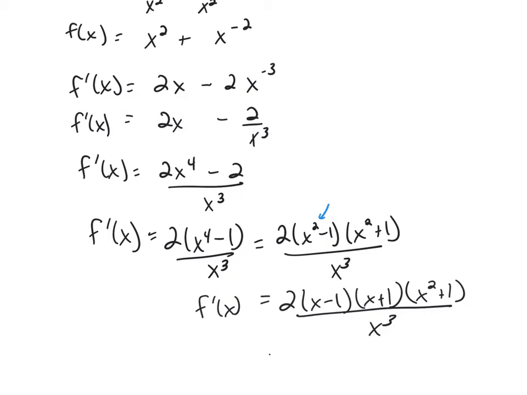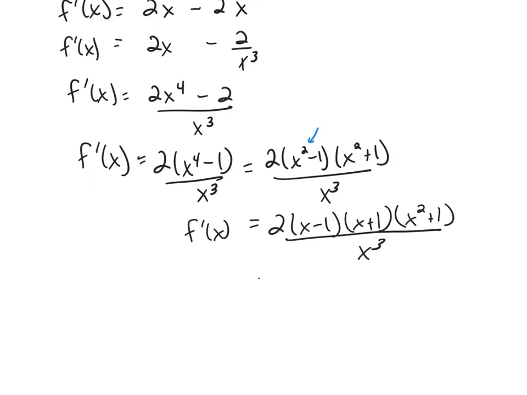And then we want to write down what our critical numbers are. So, where's f prime of x undefined? It's undefined when x equals 0. Now, technically, this is not a critical number.